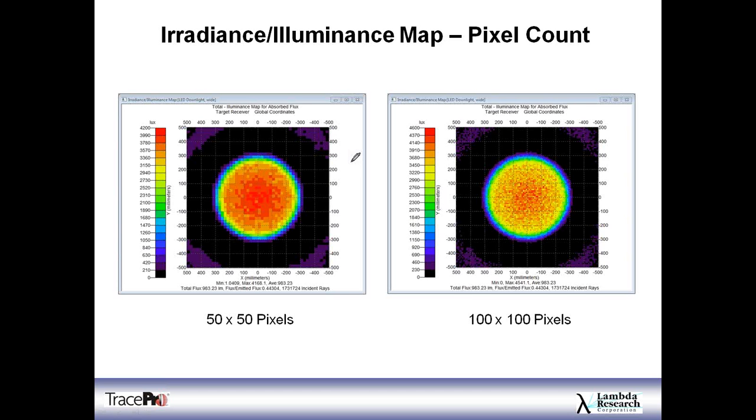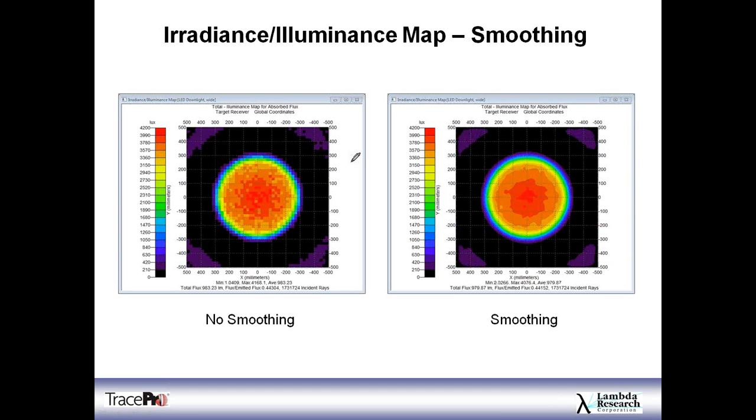There's a smoothing option available. So here we see the irradiance map unsmoothed and smoothed, and this will just smooth the values from pixel to pixel. This can make a cleaner looking picture, but it can also mask some detail. So really what you want to do is trace enough rays at a high enough resolution without smoothing to get a good image for your irradiance map.